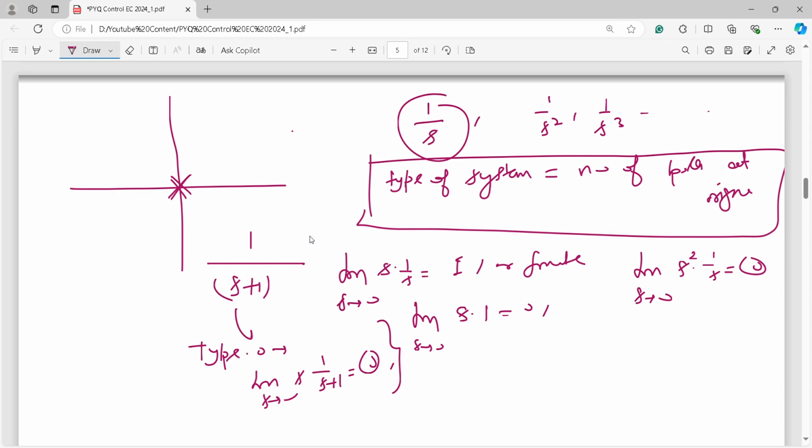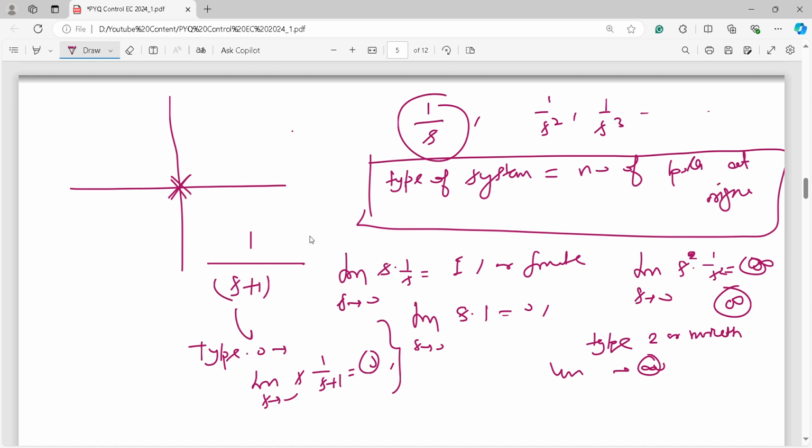Okay, so the point is that if the system type is 2 or more than that, our final value gives the infinite value here, right? If the type is 2 or more, then the final value gives the infinite value.